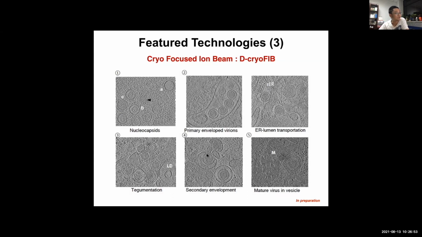For example, here we can see the tegument protein complex between the membrane and the virus. So cryo-focused ion beam has proved quite successful for preparing cryolamella of cell samples.